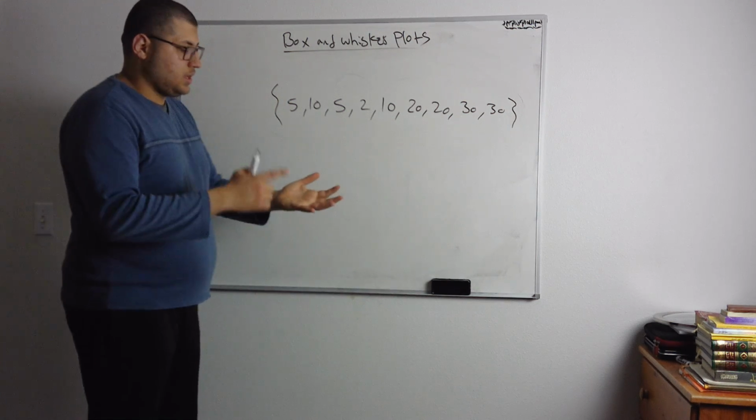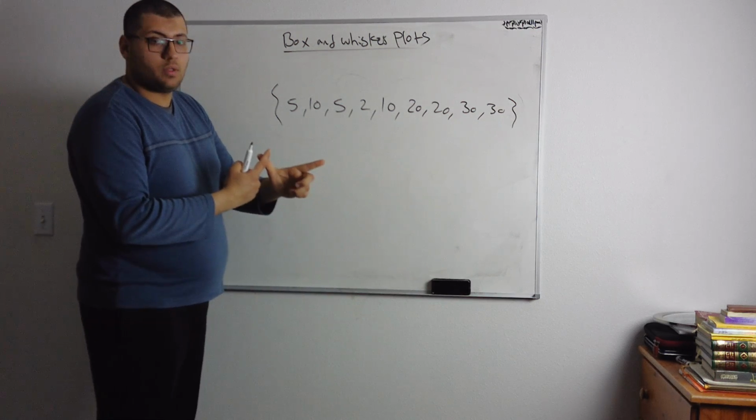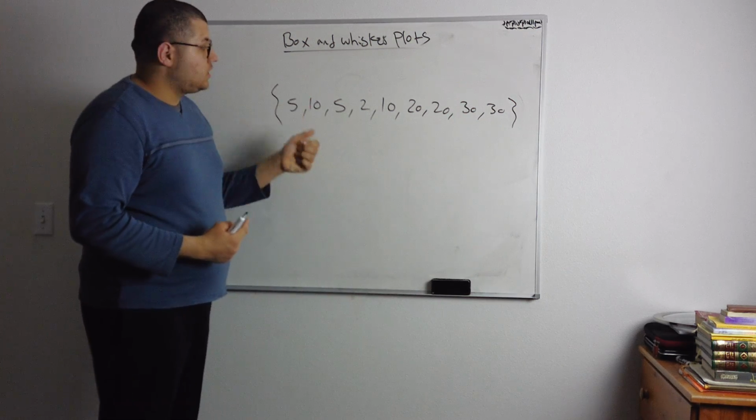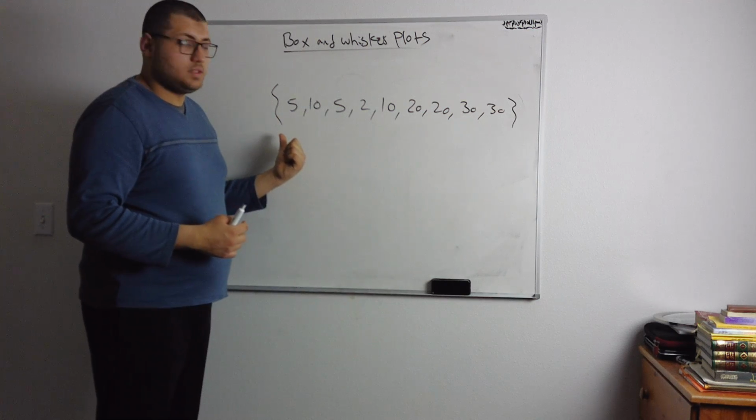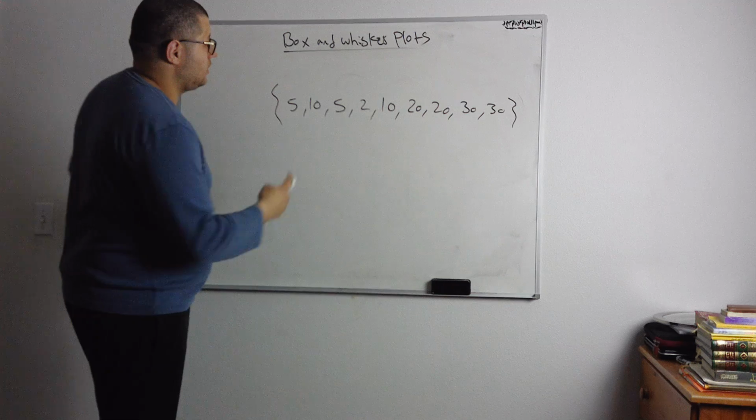We're going to find the minimum, the maximum, the median, quartile 1, and quartile 3. So we're going to find 5 things. Before we find these 5 things, we need to arrange our data from least to greatest.